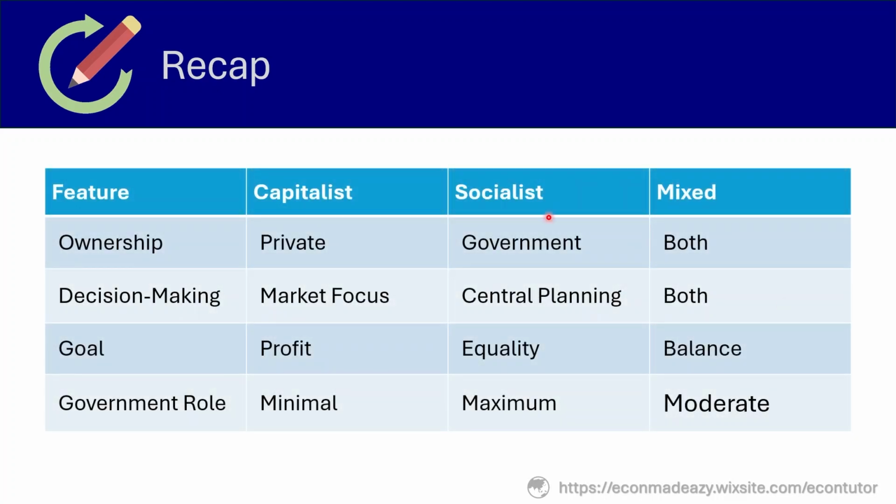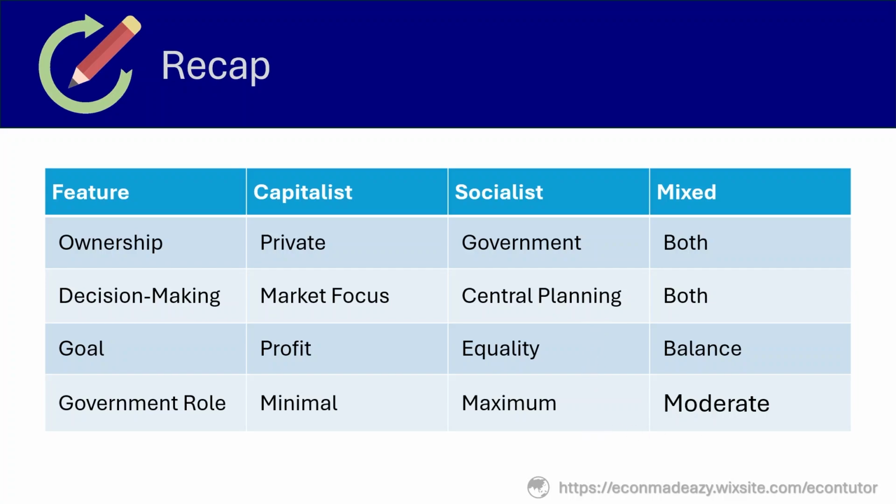So these were the three economic systems. Let's do a quick recap. In a capitalist economy, decisions are driven by the market. It's all about private ownership, profit, and consumer choice with minimal government role. In a socialist economy, the government takes charge. It owns the resources, plans production, and focuses on equality and public welfare and not profit.